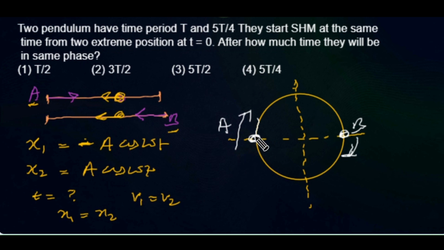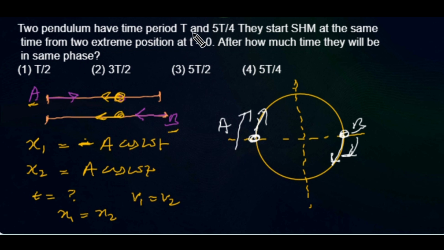Particle 1 has started from A and particle 2 has started from point B. You have to find the time when they will be in the same phase. Being in the same phase means they have to meet at the same point, right?